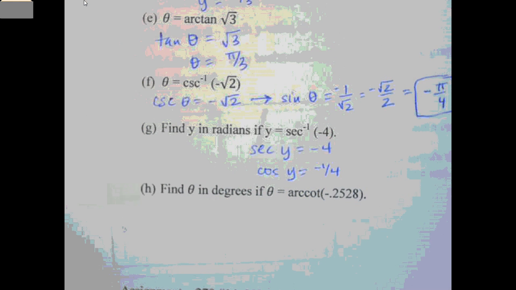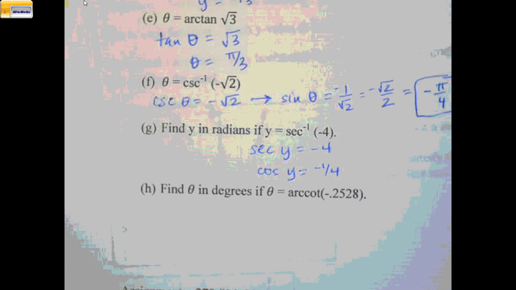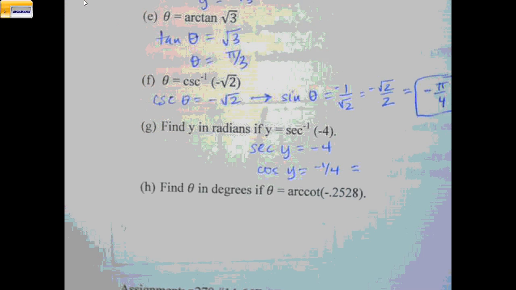Can we also say, okay, it's asking for secant of y equals negative 4. Instead of making this 1 over cosine, let's make this regular cosine, and let's flip this guy. Now do arc cosine of negative 1/4. What'd you get?